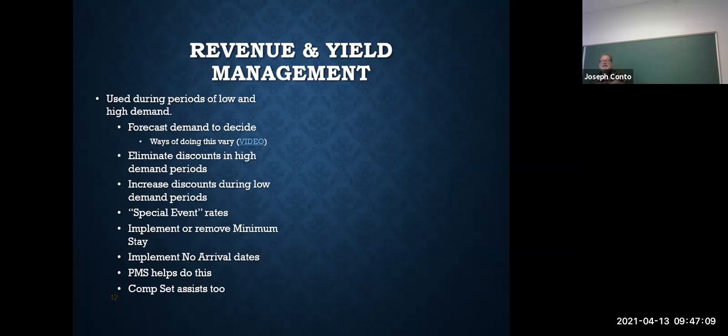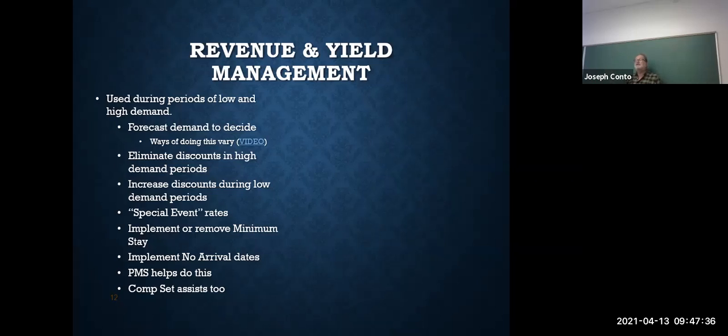Like on a night that I have a lot of groups in-house, I probably have a fairly low RevPAR, meaning I have sold more rooms, but at a much lower price. And I probably have a lower RevPAR than I would on a non-group night, but we have all this non-room revenue that we probably made, right? We had a lot of people in house who will drink at the bar and eat in the restaurant and shop in the gift shop and all these other revenue producing areas.